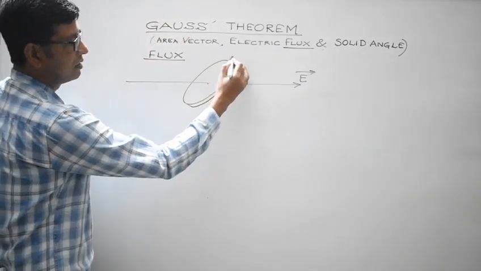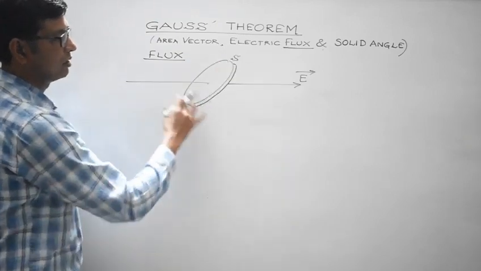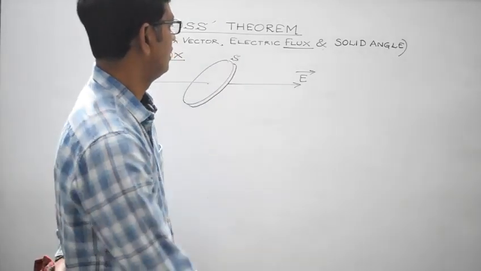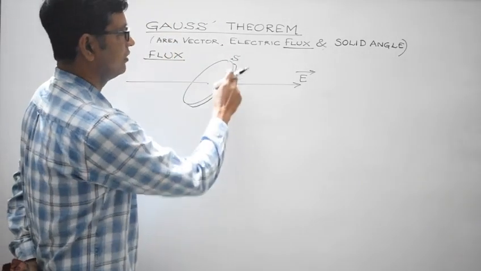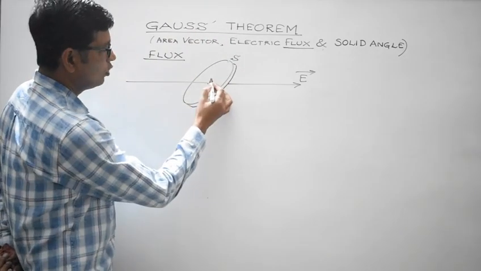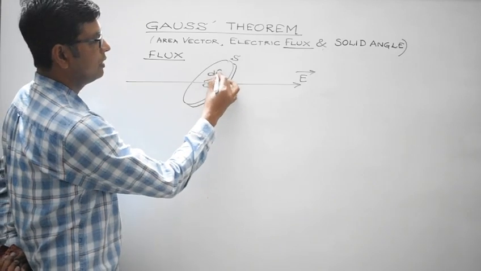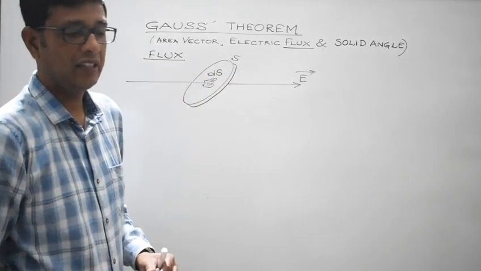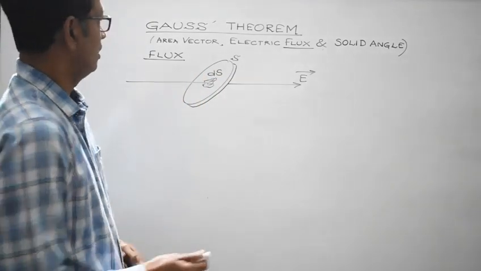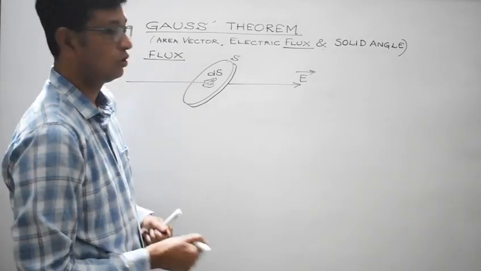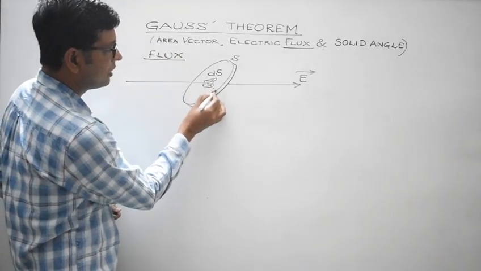Now let's consider the total surface area of this given surface to be S. If you represent a small elementary portion, then its area would be represented by ds. This is the elementary area, right? Just now we discussed area vector. So its area vector would be represented by this.